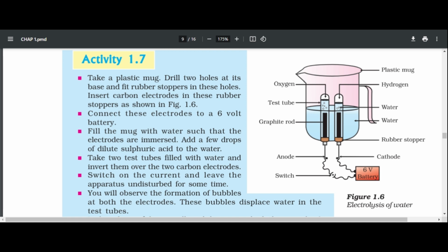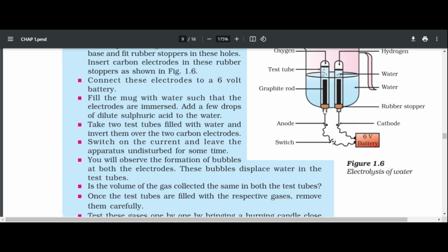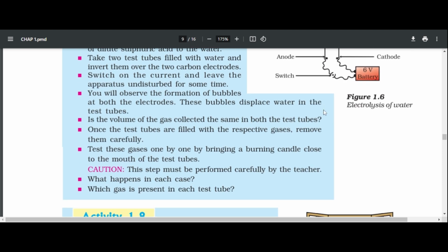Switch on the current and leave the apparatus undisturbed for some time. You will observe the formation of bubbles at both the electrodes. These bubbles displace water in the test tubes. Is the volume of gas collected the same in both of the test tubes? Once the test tubes are filled with their respective gases, remove them carefully.